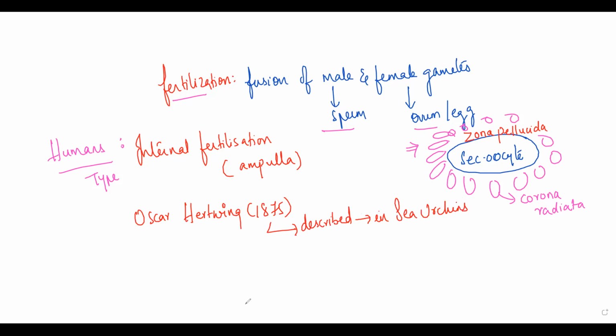Now, coming on to, as I told you about the ejaculation, where does it happen? Okay, we have seen that this is going to be the ejaculation of the semen along with the sperms in the female reproductive tract, especially in the vaginal area, right? So it is going to happen there.